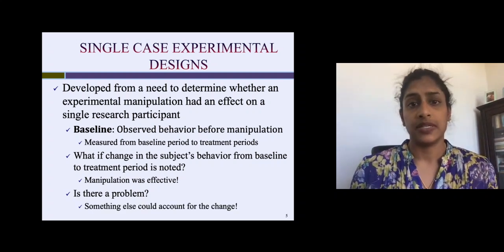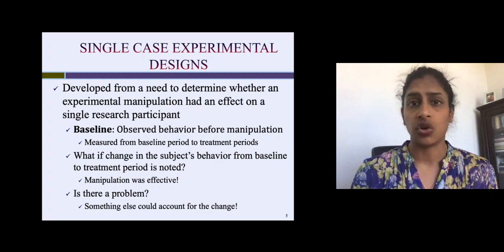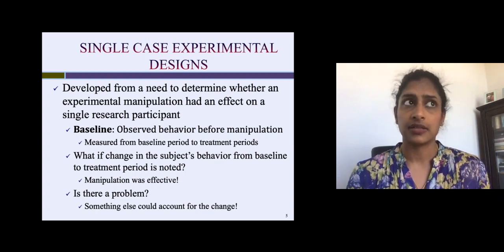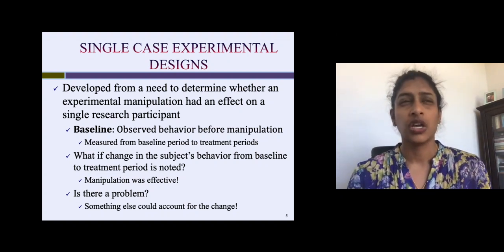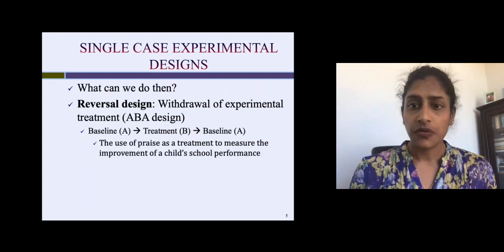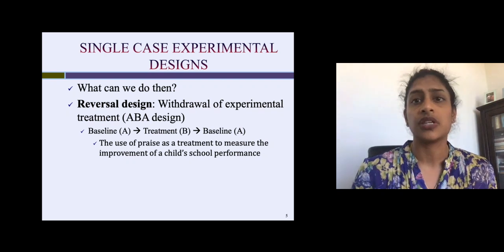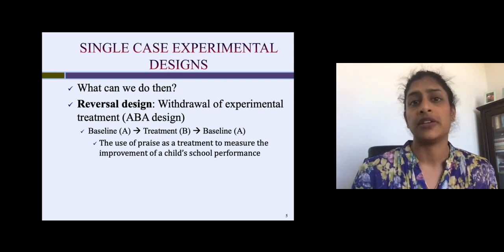Now, part of the problem is that there could be something else that is accounting for the change. And so what do we do if that's the case, right? So we could collect baseline data and then we could give this change, but then how do we really know if it's working? And so from this, we came up with a design called a reversal design, which is a withdrawal of my treatment.